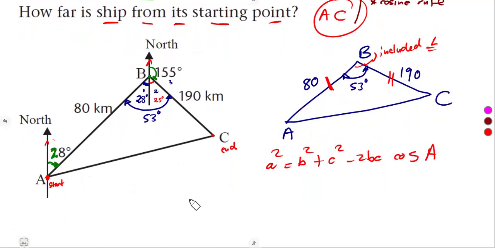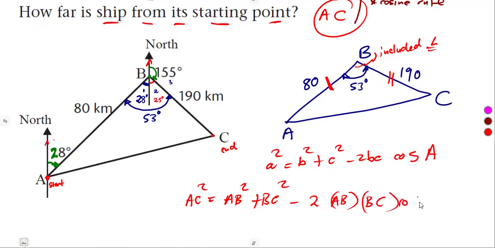So thus, AC squared is equal to the two sides that are forming our angle, AB squared and BC squared, minus 2 times AB times BC times the cosine of the angle in between, which is angle ABC.